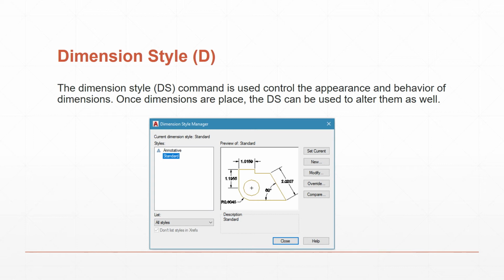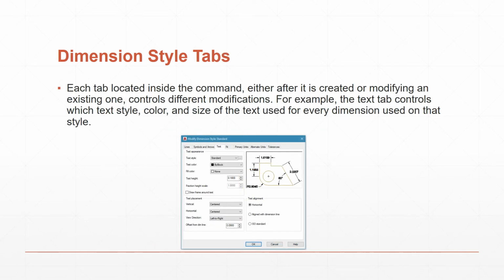You have two types. Usually when you open it, if you have never created one, you have a standard one and you have an annotative. We'll get into the annotative a little bit later, but for right now we're going to deal with the standard. Inside of it there's a bunch of tabs that control everything.